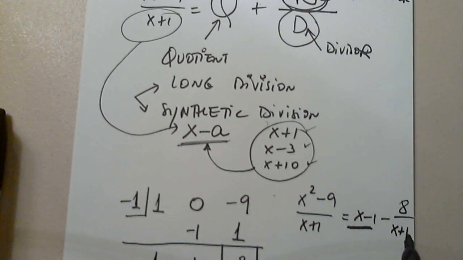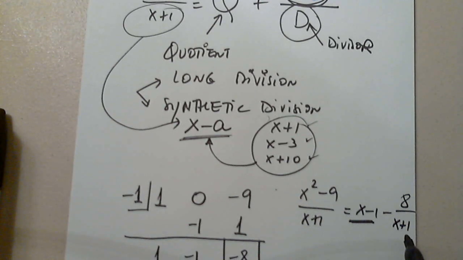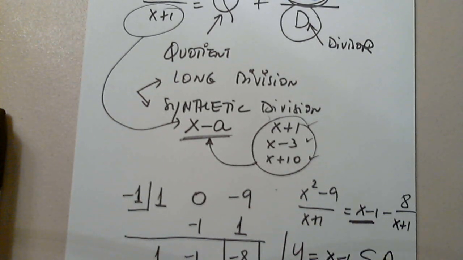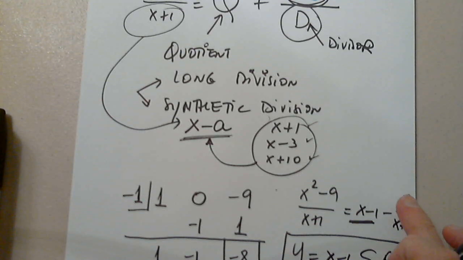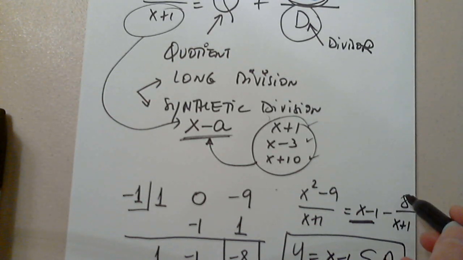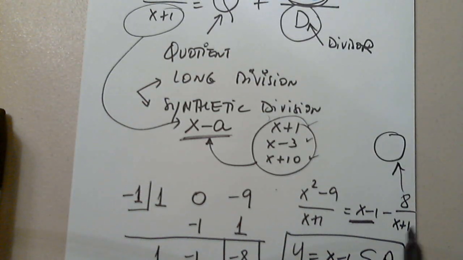This is the quotient, -8 is the remainder, and x plus 1 is the divisor. Only this is the slant asymptote. Again, why? This piece is 8 over huge. At infinity, this fraction will approach 0. That's why the slant asymptote is only the quotient.